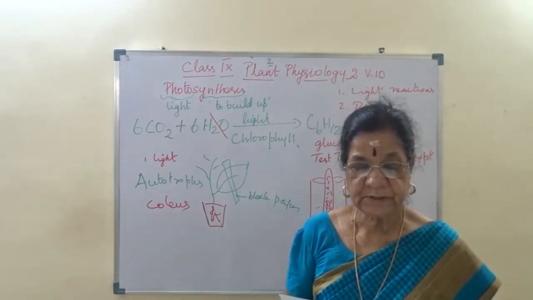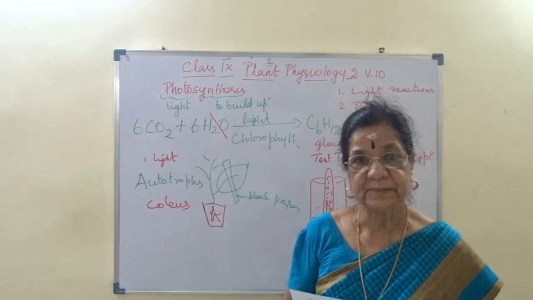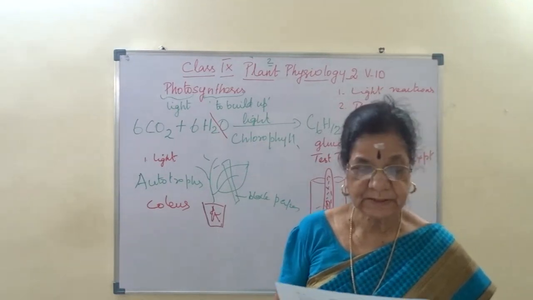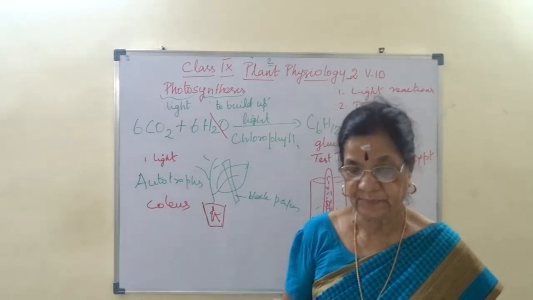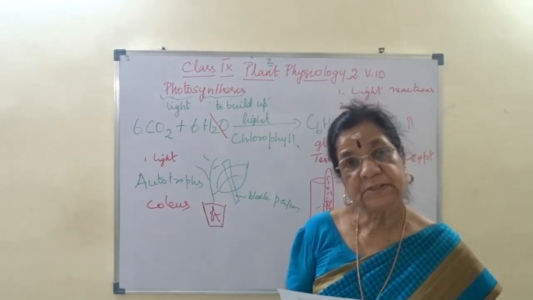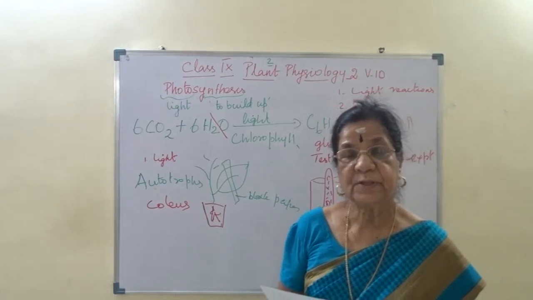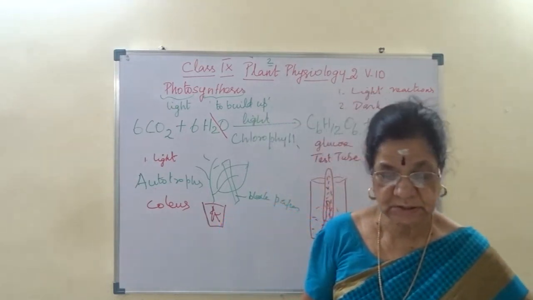Then example for tissues and organs in plants and animals. In plants, the roots, stem and leaves are organs, whereas xylem and phloem are tissues. Xylem and phloem are complex permanent tissues.